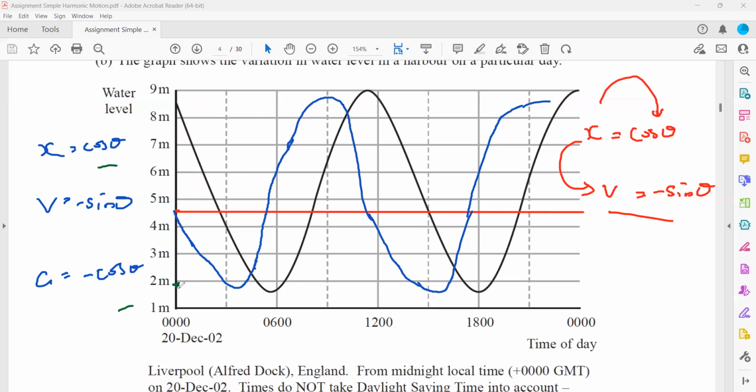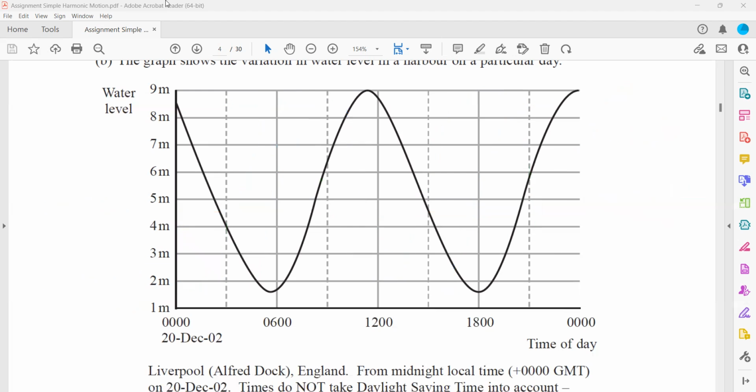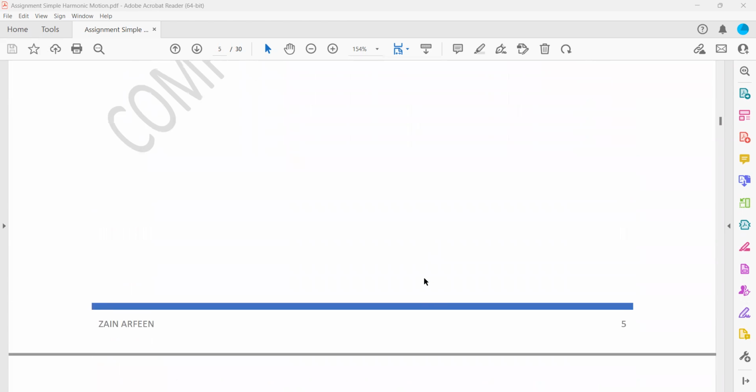The acceleration graph will be like this, opposite of the other. So this was representing acceleration, blue one is representing velocity. So this was question 2 from the simple harmonic.